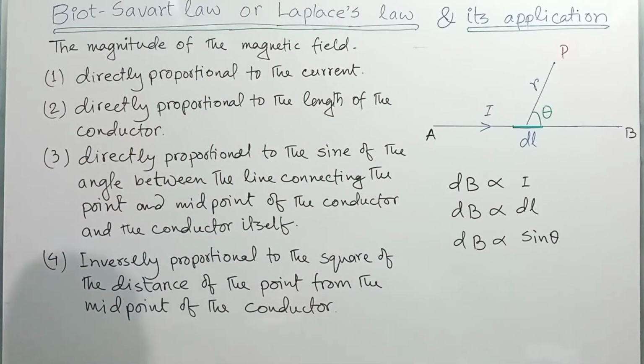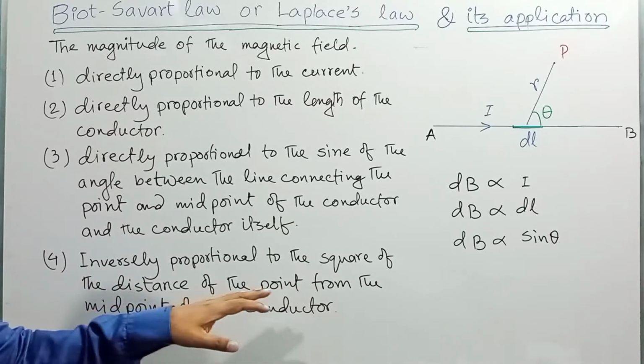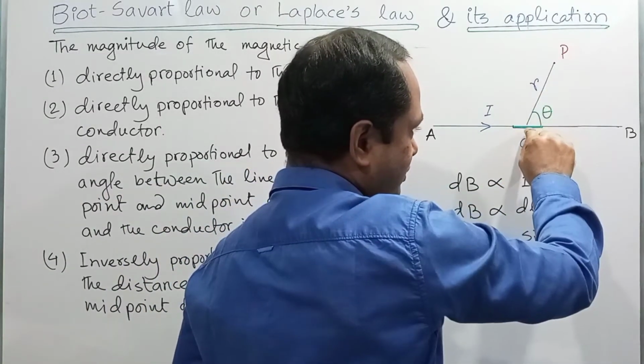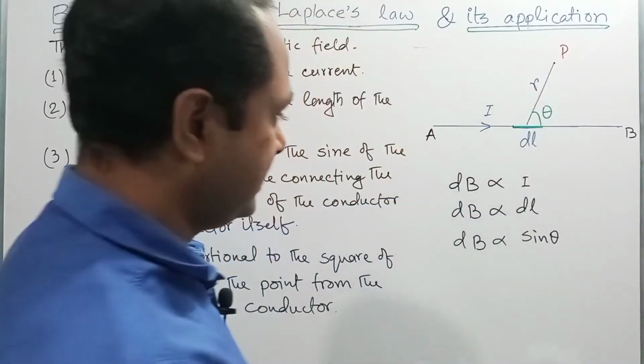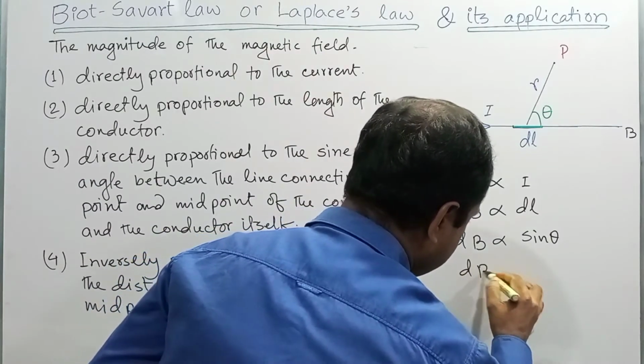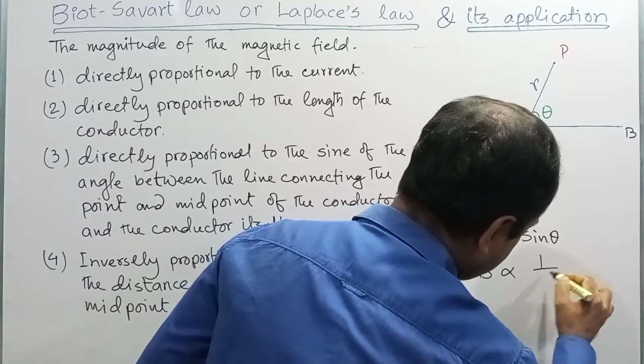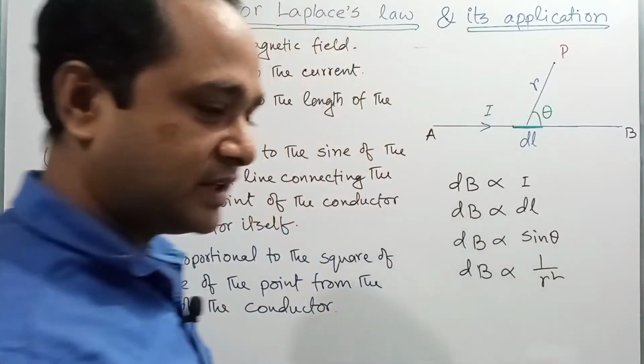Okay, and finally they said it is inversely proportional to the square of the distance of the point from the midpoint of the conductor. If that distance is denoted by r, then dB is directly proportional to 1 by r square, right?